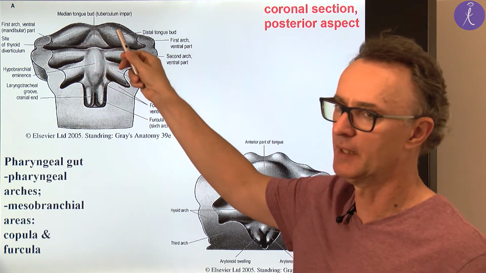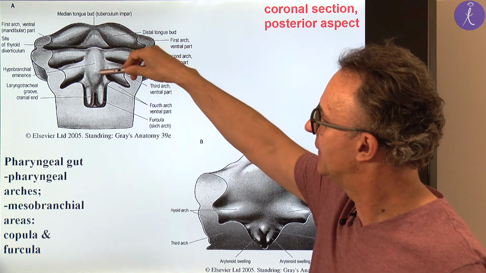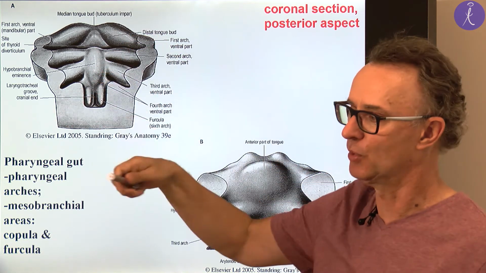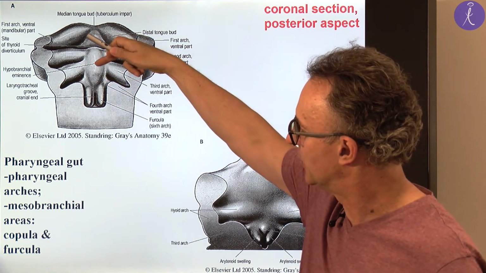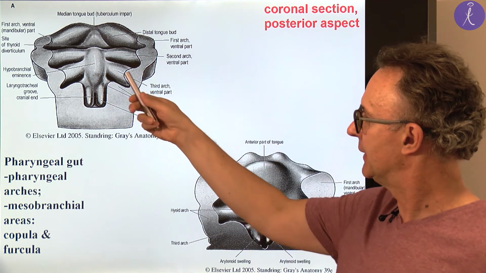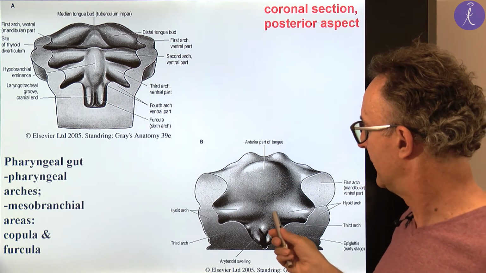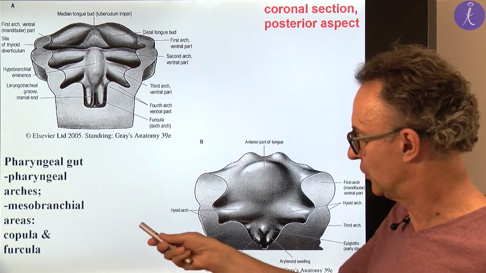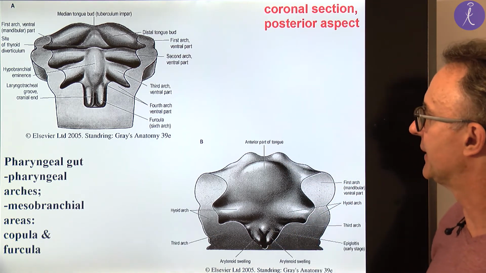They form the body of the tongue. A little bit more distally, we have the hypobranchial eminence or mesobranchial area, proximally the copula, distally the furcula. The copula above will form the root of the tongue. The furcula will play a role in the formation of the laryngeal inlet.